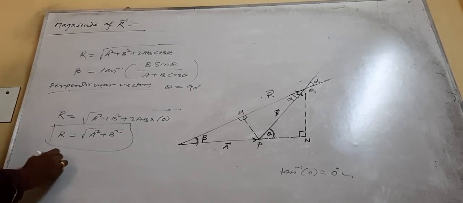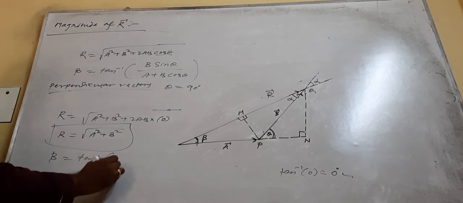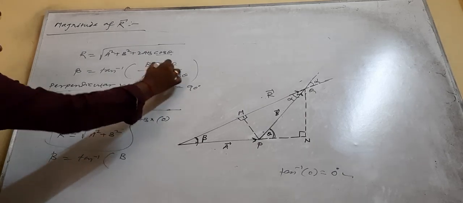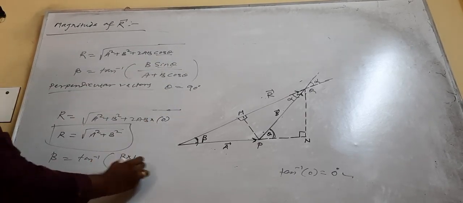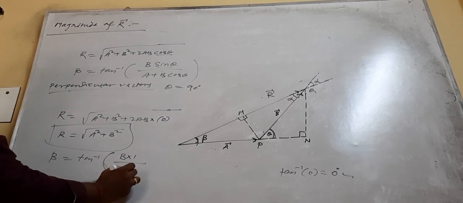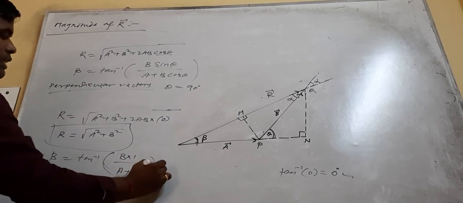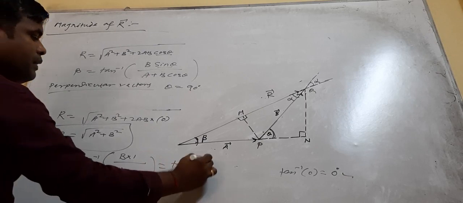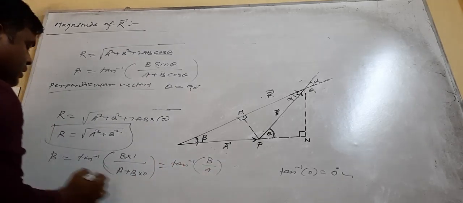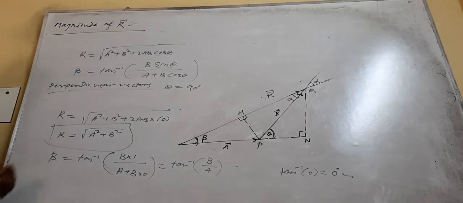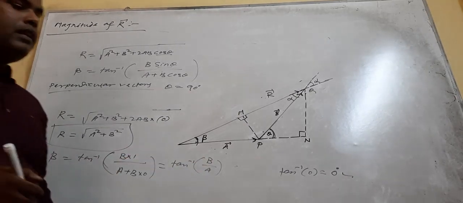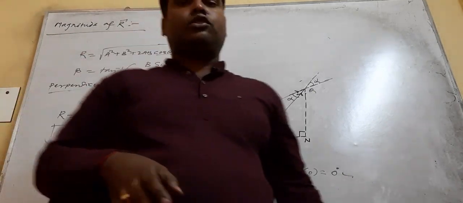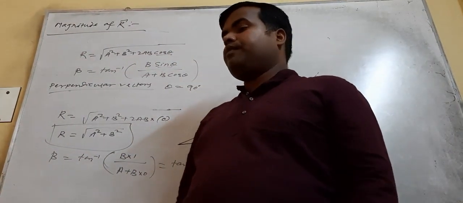Similarly, for direction, beta is tan inverse of b sin theta by a plus b cos theta. Here theta is 90, sin 90 is 1, so it is b into 1, and a plus b cos 90 is a plus 0. That is tan inverse b by a. So the direction beta depends upon the ratio of the magnitudes of the two vectors, b and a.